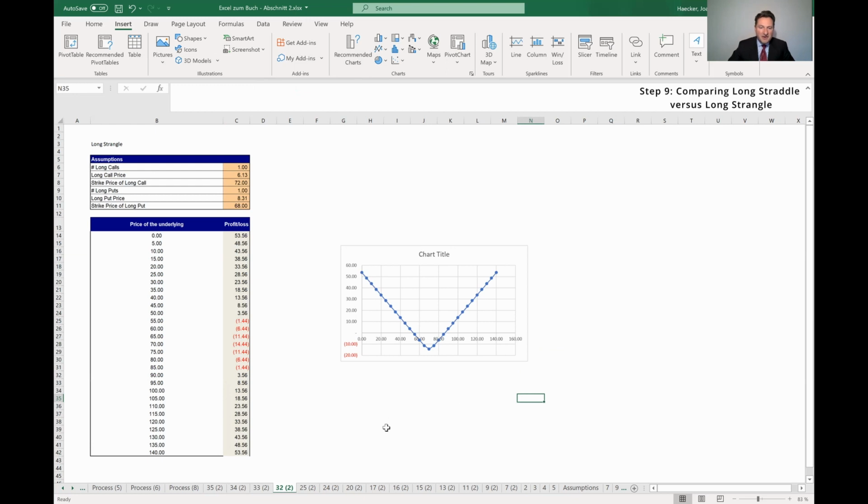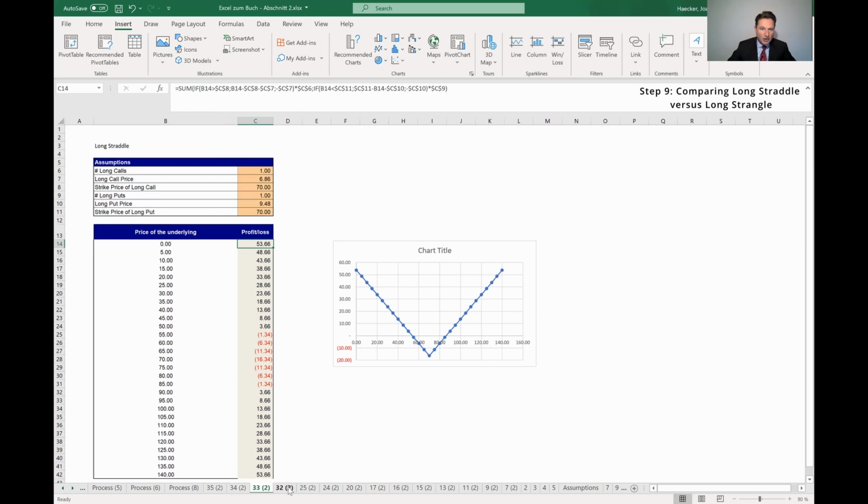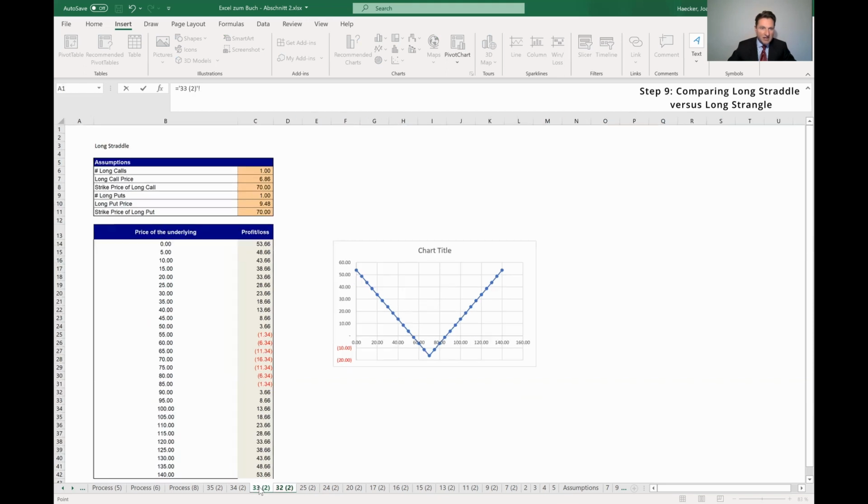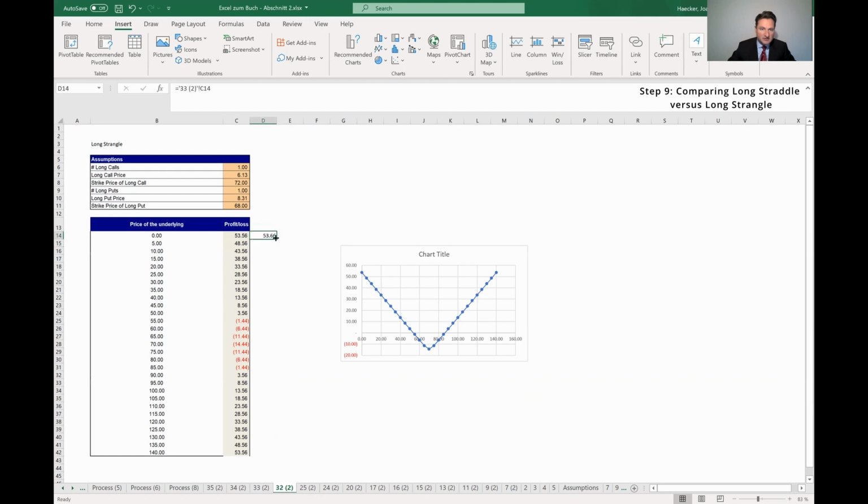Step number 9. We compare the long straddle with the long strangle. So what we do, I'll copy the results of the long straddle next to the results of the long strangle. So this is the long straddle.